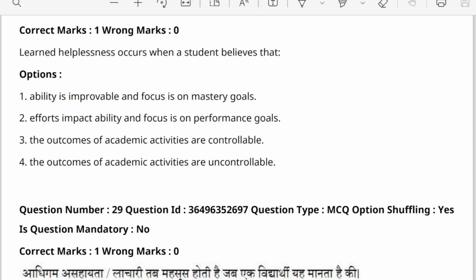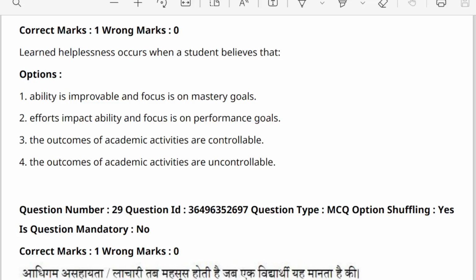Ability is improvable? No. Efforts impact ability? No. So whether the focus is on mastery goals, that is mastering something, or performance goals, that is you have to perform something, the child does not believe that.